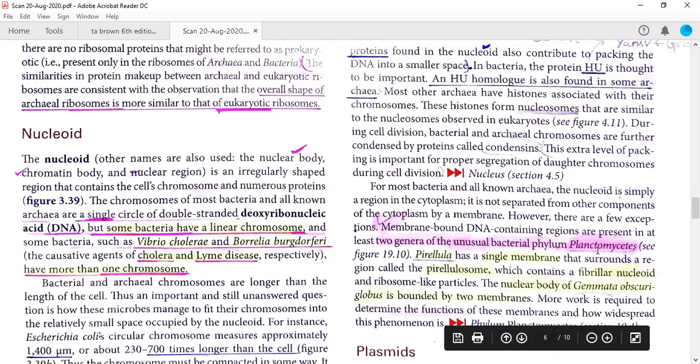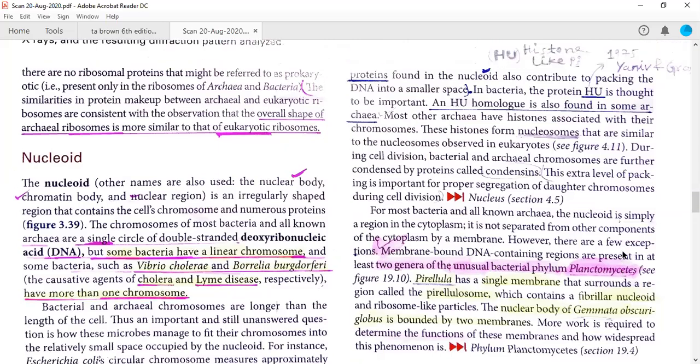One example, which I have discussed many times, is that Planctomycetes is one group of bacteria, a complete phylum. Why is this unusual? Because membrane-bound DNA-containing regions are present in at least two genera of this unusual bacterial phylum Planctomycetes. So actually these are exceptions.